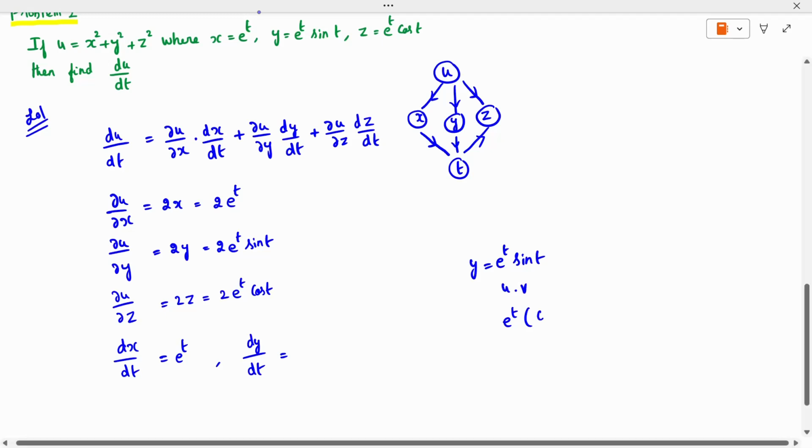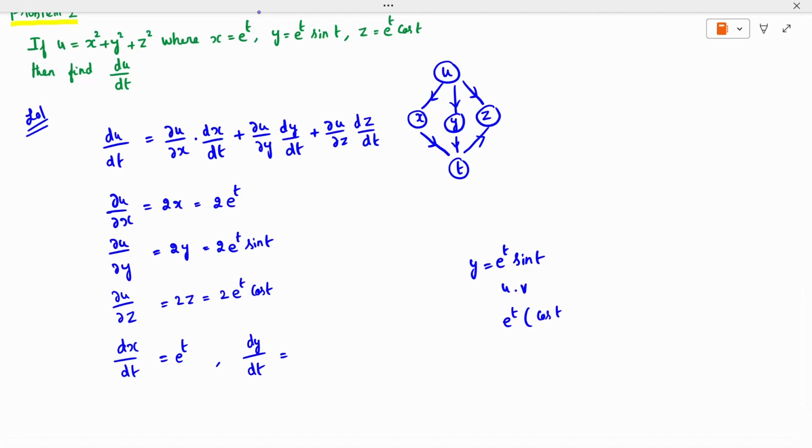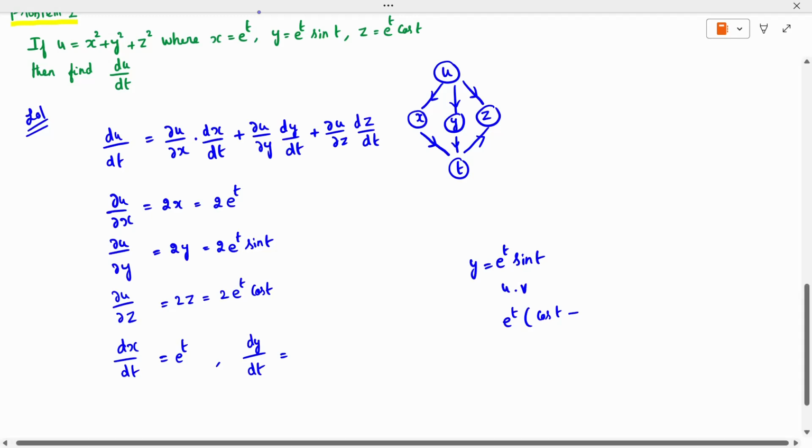Cos t. E to the power t differentiation is e to the power t. So when I write it, it is e to the power t into cos t plus sin t.